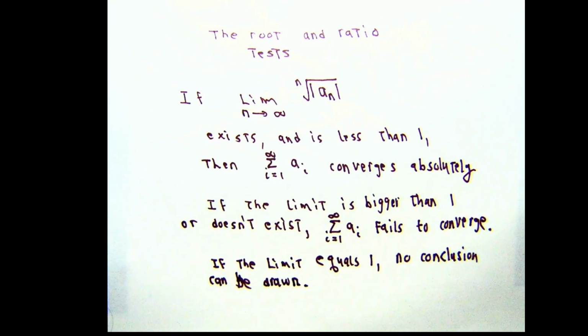If the limit's bigger than 1, including the case where it diverges, then the series fails to converge, it diverges. And if the limit comes up exactly equal to 1, as we'll see shortly, we are unable to make any statement about convergence or divergence based on just this information.